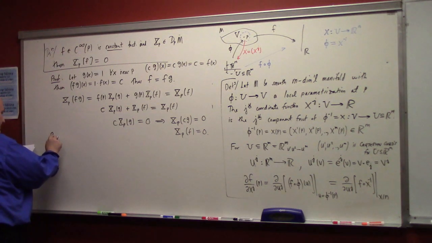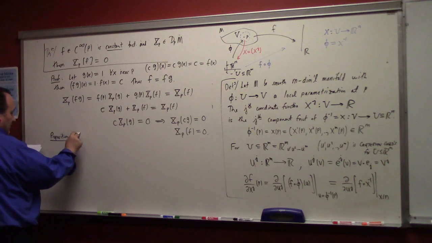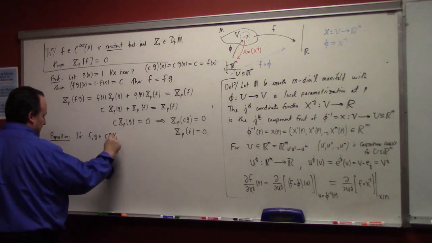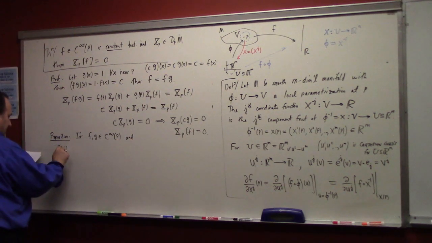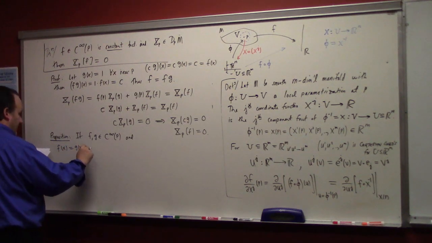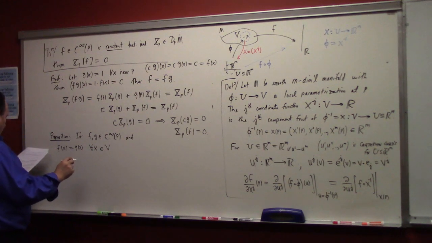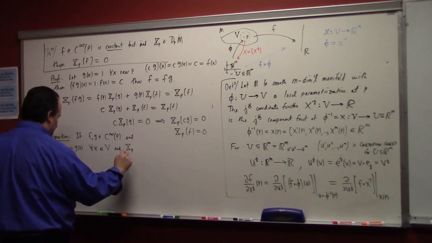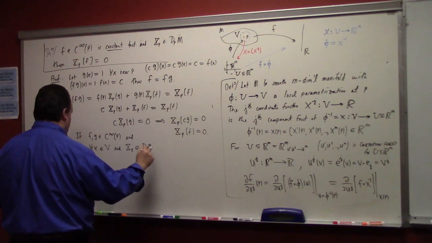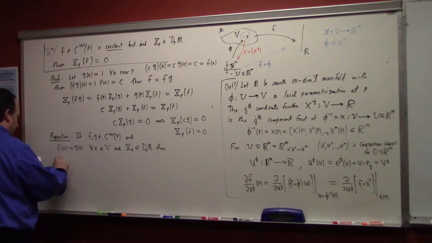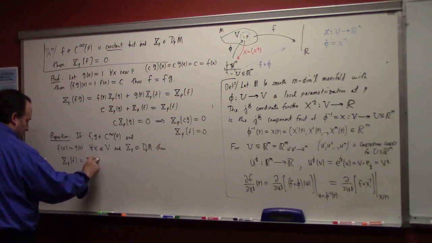Another proposition is if f and g are smooth functions at p and f of x is equal to g of x for all x in V, and Xp is a derivation at p of M, then Xp of f is equal to Xp of g.